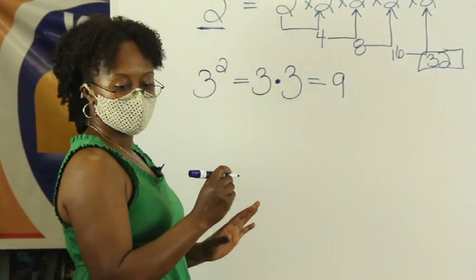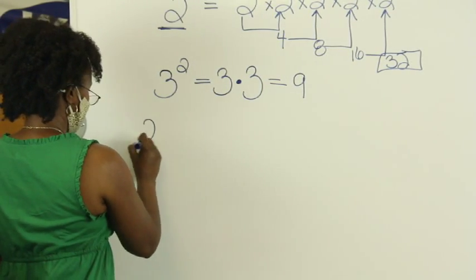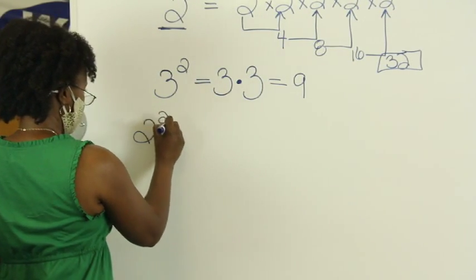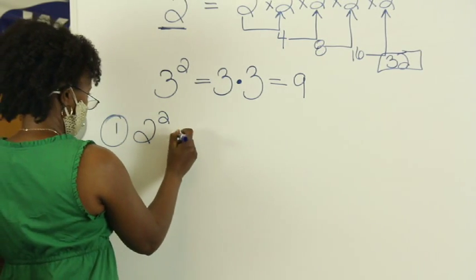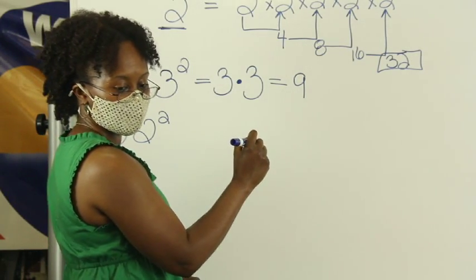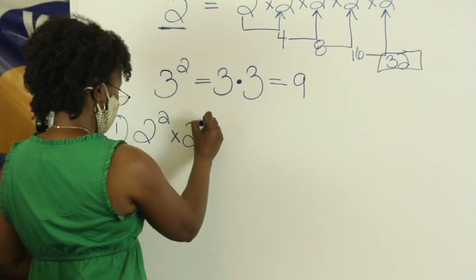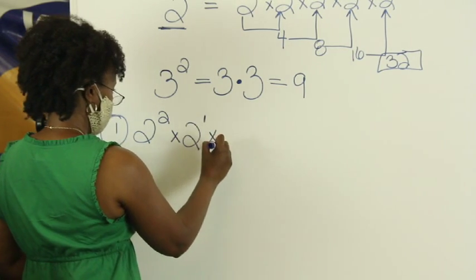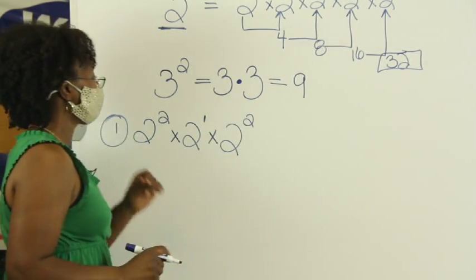The problem is, let me look and see what my problem is. 2 to the second power, so I'm going to put a number here just so we can keep it straight. 2 to the second power times 2 to the first power times 2 to the second power.